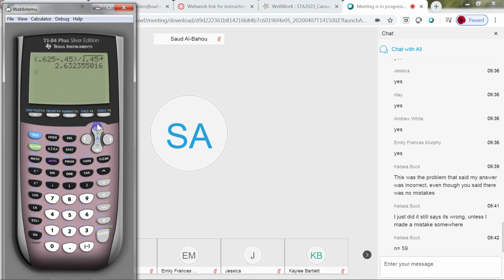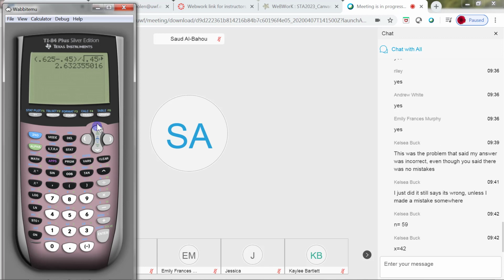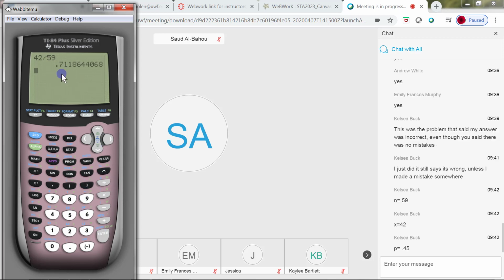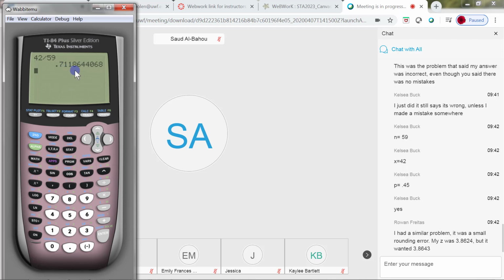What's your x? How many people had brown eyes? That would be your x. X is 42. So your p hat should be 42 divided by 59, and your p is 0.45. Very good. So for your p hat, did you put in 0.7119? Put that in.